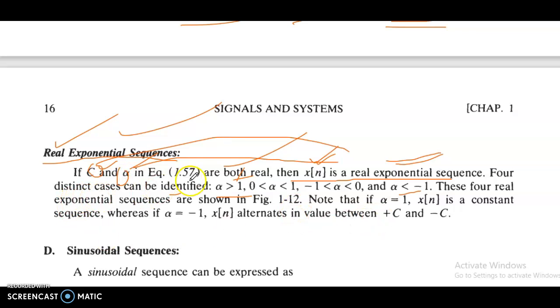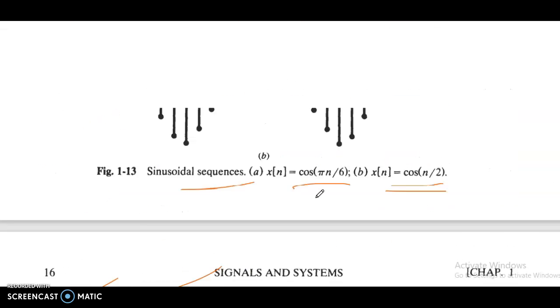The four distinct cases we have seen are: alpha greater than 1; 0 to 1; minus 1 to 0; and alpha less than minus 1. These four real exponential sequences are shown in figure 1.12.